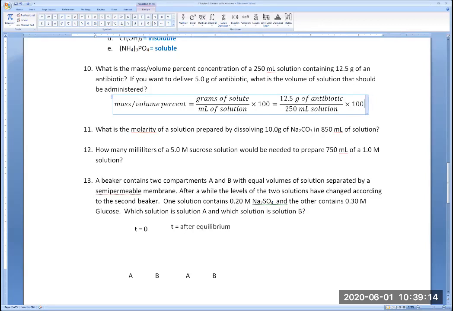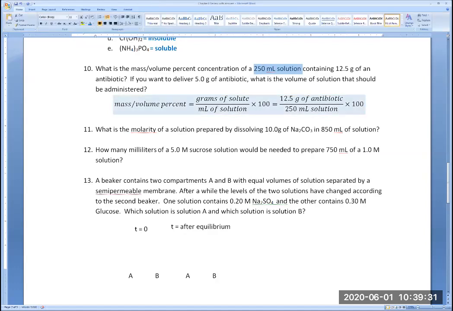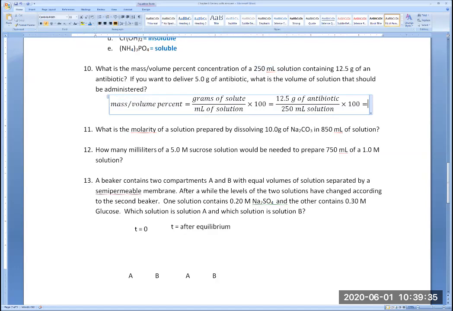In this case, the solution is both the solvent plus the solute, so the volume of the solution would be the solvent plus the solute. Often it's the volume of the solution that is given. And then you don't need to add the volume of the solute, if you had a volume.